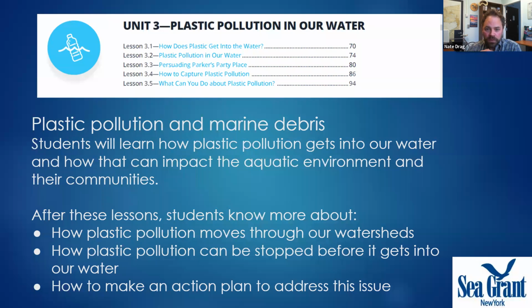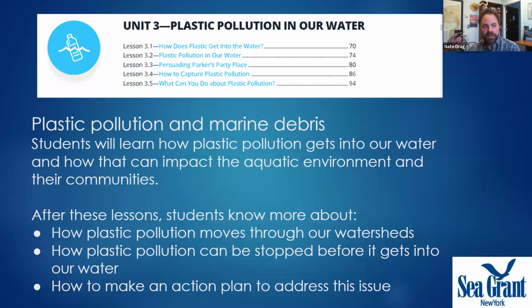Lesson 3.4 uses trash capture technologies as the focus to get kids thinking about engineering concepts and creative approaches to capturing plastic pollution before it gets in the wastewater system and the sewers. There are some examples of different devices that have been implemented across the country at storm drains, within sewer systems, to capture plastic pollution before it gets into the wastewater system or into our streams and rivers.